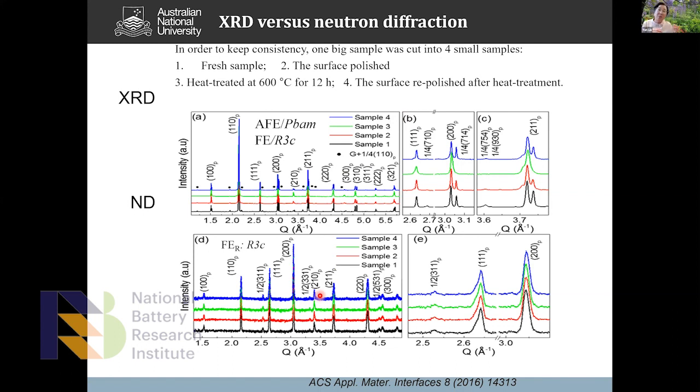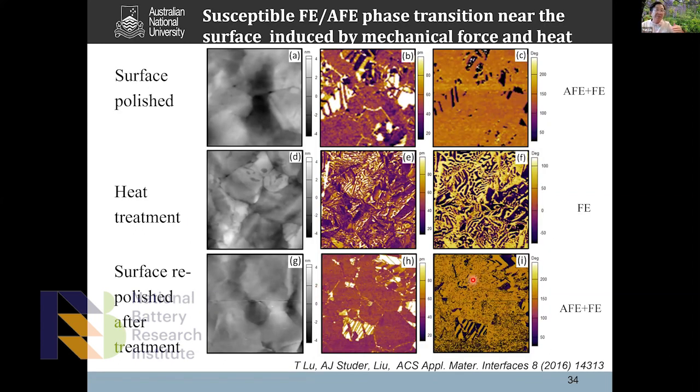We also want to measure the surface property and the bulk property and compare them to see if they are consistent with the structure. We used piezo force microscopy to characterize this. We found the fresh sample cannot be characterized because the roughness is too high.